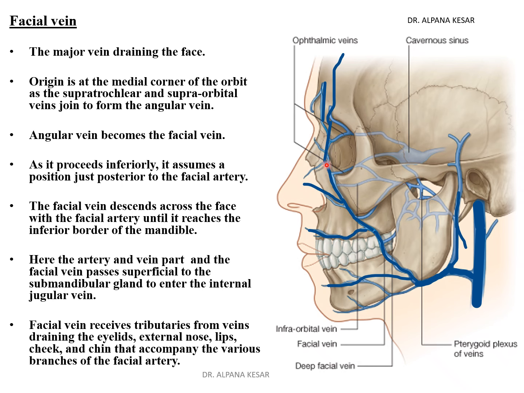Angular vein descends down in the face as the facial vein. As the facial vein descends down in the face, it receives the following tributaries: the lateral nasal, superior labial, and inferior labial. The facial vein reaches the lower border of the mandible, where it passes superficial to submandibular salivary gland.